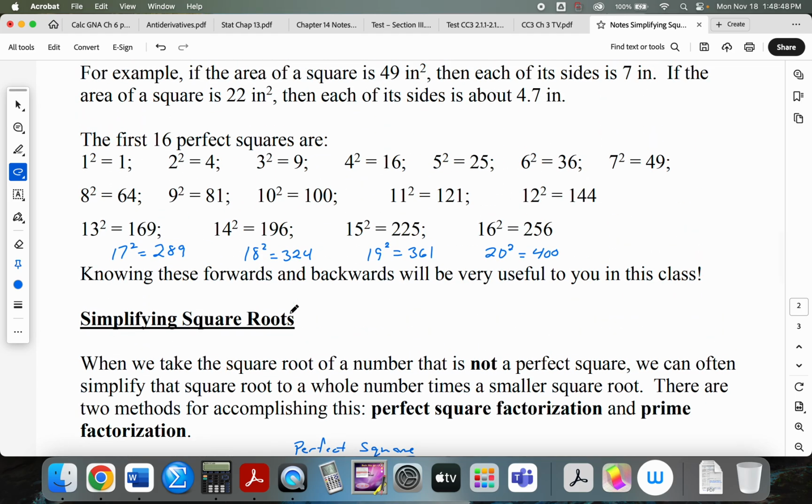Well, let's look up here at the perfect squares. Seven's not a perfect square. But how many times does 7 go into 700? 100. 100 is a perfect square.